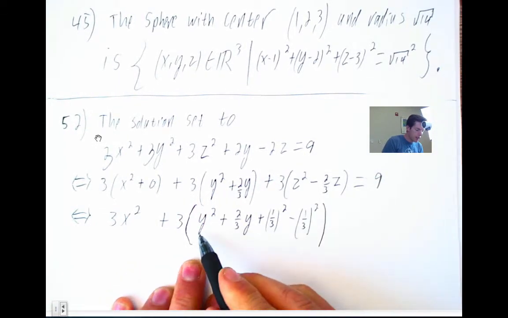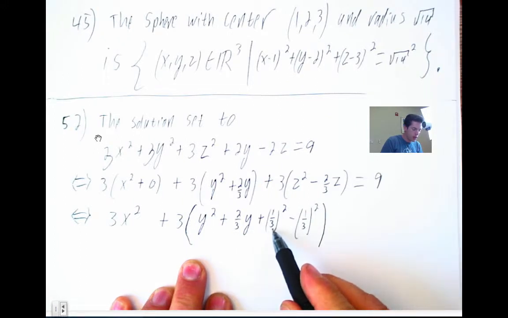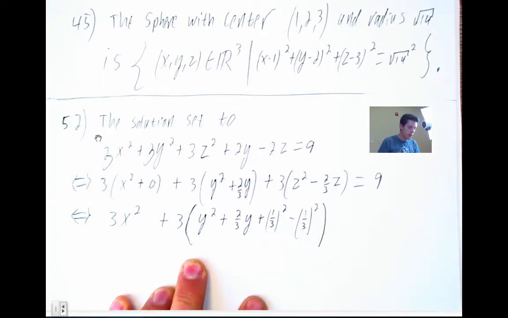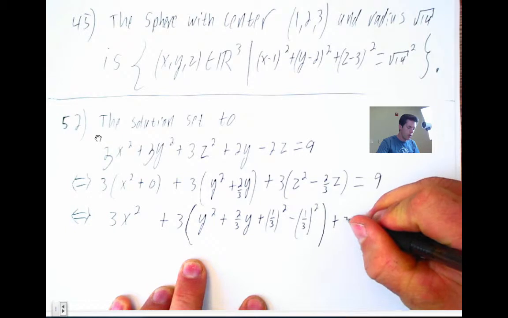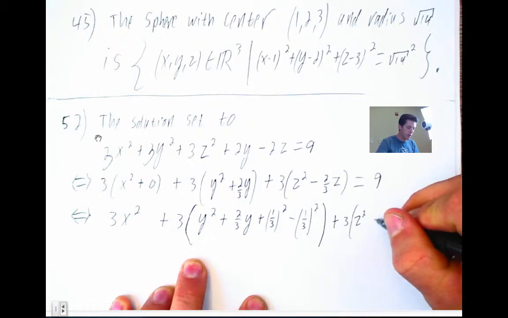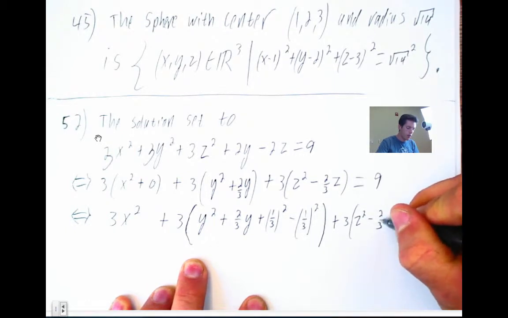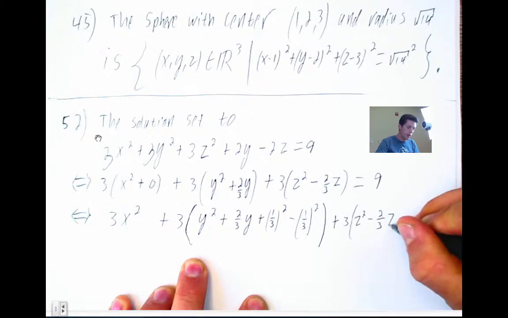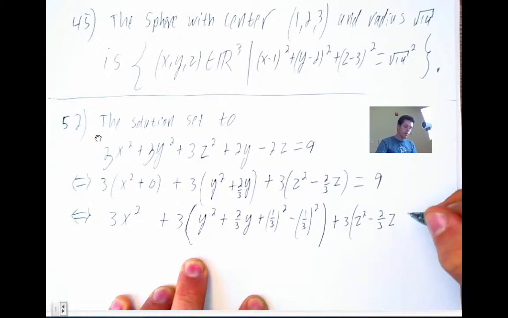I did that because now this expression right here is a perfect square. Similarly, for 3z squared minus 2/3 z, I'm going to take 1/2 the coefficient of z to the first power, that's 1/3, add the square of it, and subtract the same thing.